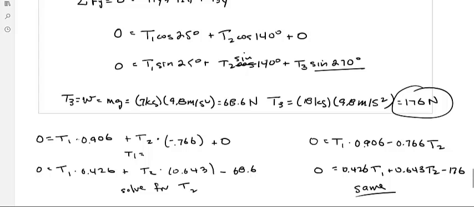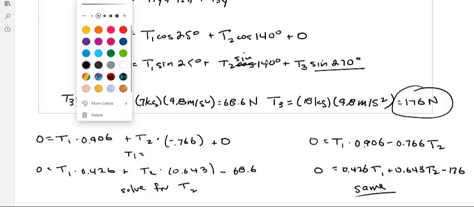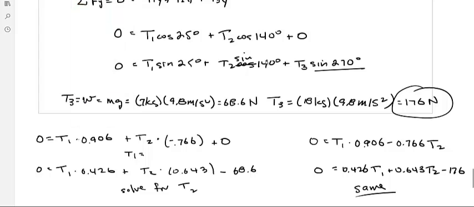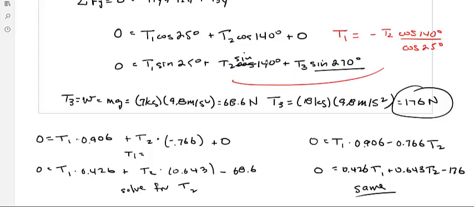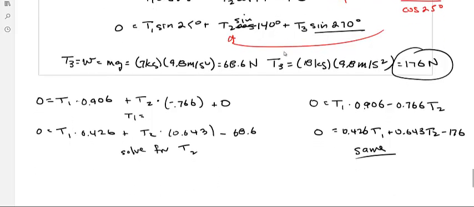Okay, so what I would do if I solve this algebraically, I'd solve this one for T1. So I'll move this to the other side, it'll be negative T2 cosine of 140 over the cosine of 25. And then I'll substitute that in over here.